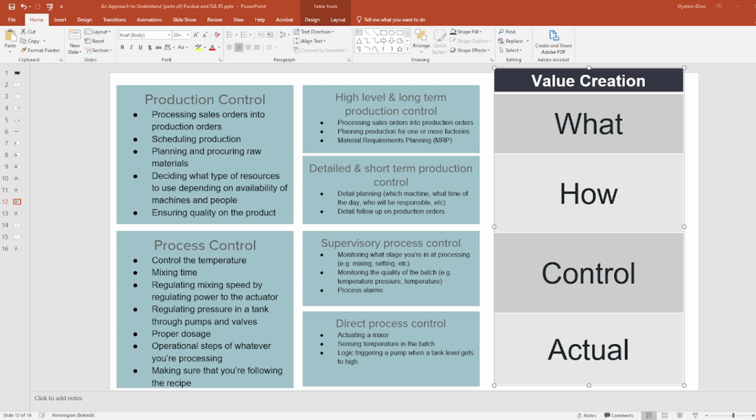What equipment should we use? Who should supervise, etc. Supervisory control I like to think of as having the overall control of your value creation, while direct process control is more about the actual value creation, the transformation of raw materials into finished goods.